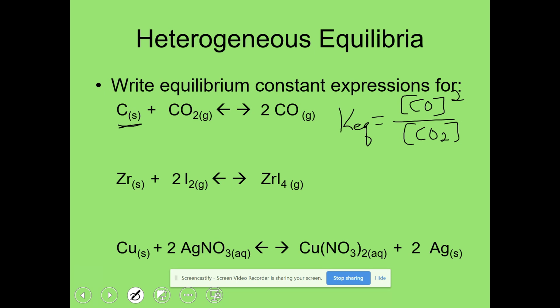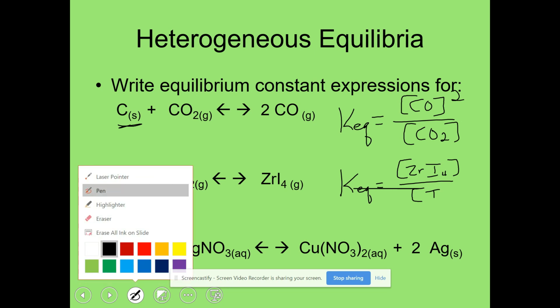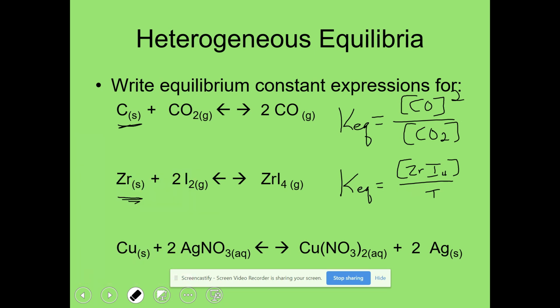Let's look at the second one. We're not going to include the zirconium. This is zirconium iodide, and there's an iodine over here. So the KEQ is going to be equal to the ZrI4 over the iodine, which has to be, of course, squared.